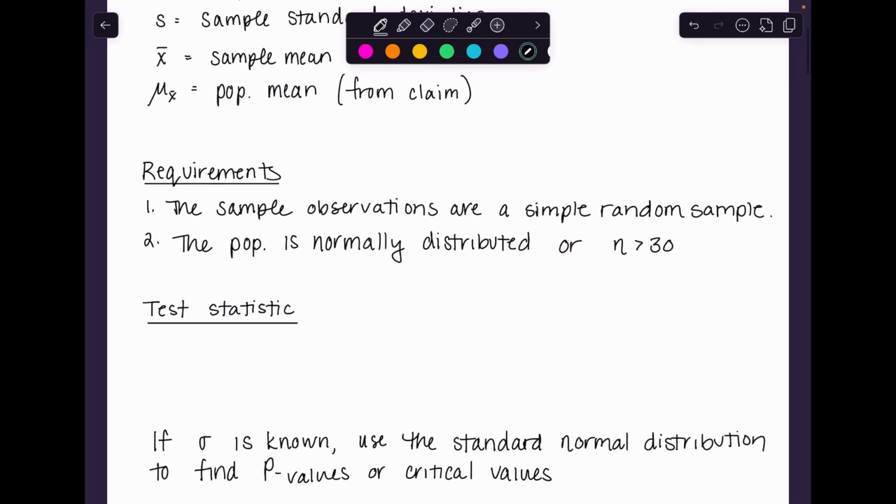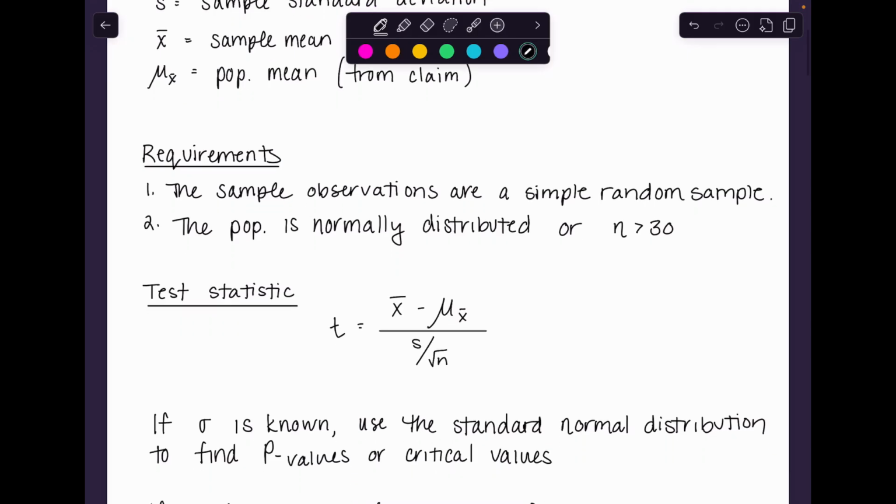So when we were dealing with the mean, remember when we looked at that, those came from t distributions or the student t distribution. So our test statistic is going to follow that. So we call it t. You find this by taking your sample mean, subtracting your population mean, and then dividing by s over the square root of n.